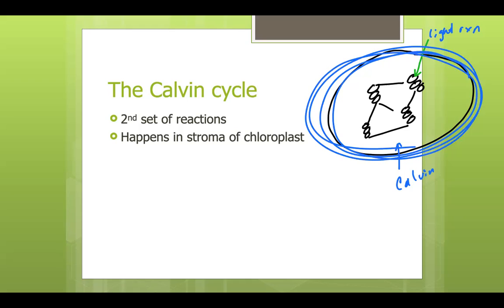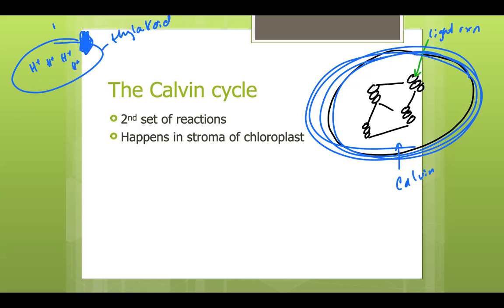And that is why the structure of the chloroplast is so important, because you've got these inner membranes in the thylakoids. And even within the thylakoid, if you remember, if this is one thylakoid, you are splitting water, and you've got a buildup of hydrogen on the inside of the thylakoid. And then you've got this big enzyme called ATP synthase.